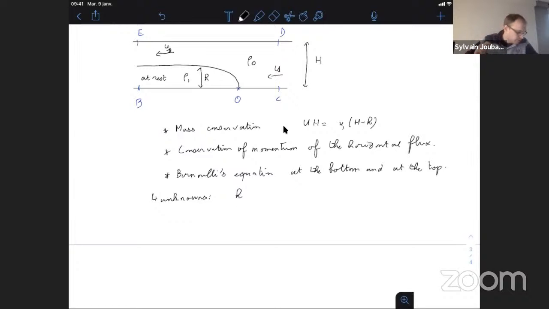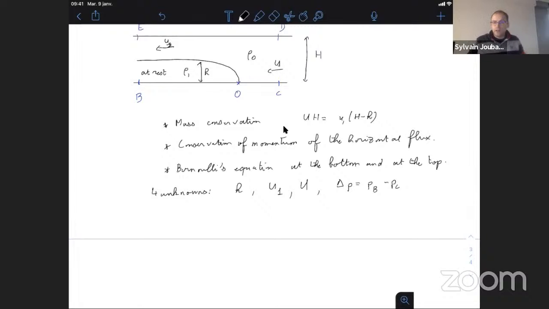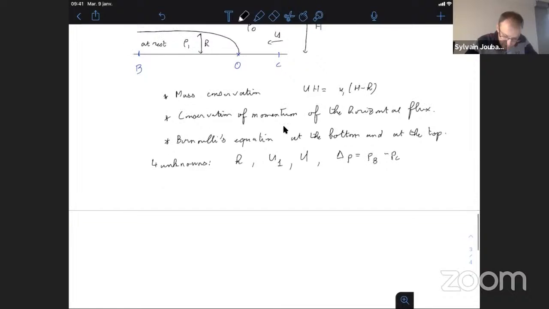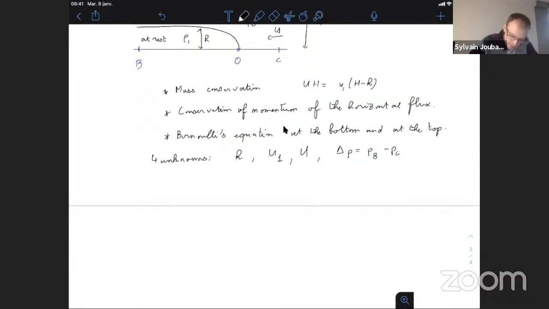You don't know what the thickness is. You have u1, you have the velocity u, and you have the difference of pressure delta p, which is the pressure in B minus the pressure in C. And by doing some analytical calculation, I will not derive everything. It is not the goal of my talk.